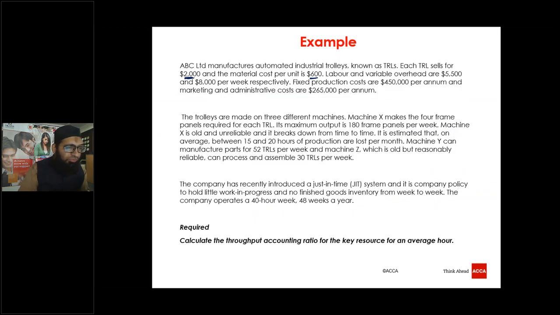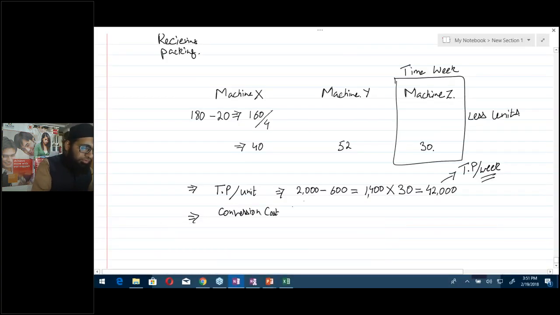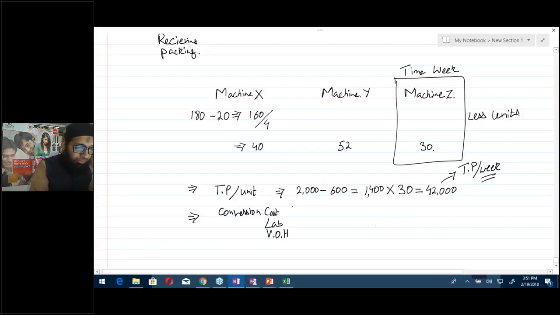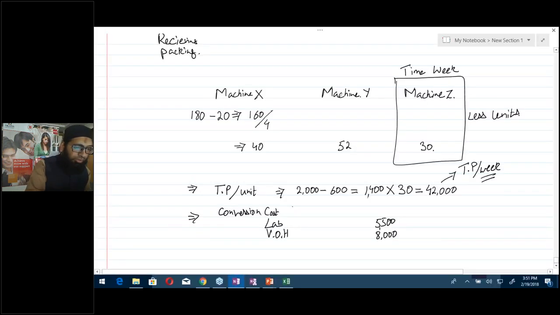So we have 4 different types of cost. One is labor and variable overheads, and these are 5,500 and 8,000. But there are 2 more costs. One is fixed production cost and the other one is admin cost.